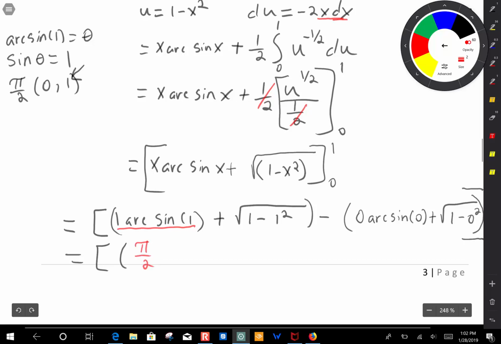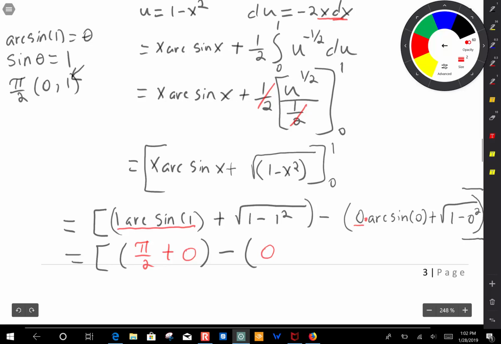Pi over 2. Plus, well, this is the integral of 0. 1 minus 1 squared is 0, so that's just going to be 0 here. And the integral of 0 is 0, right? Parentheses, and then minus, parentheses, and then now 0 arc sine of 0. Well, that's just 0, because I'm multiplying by 0 here.